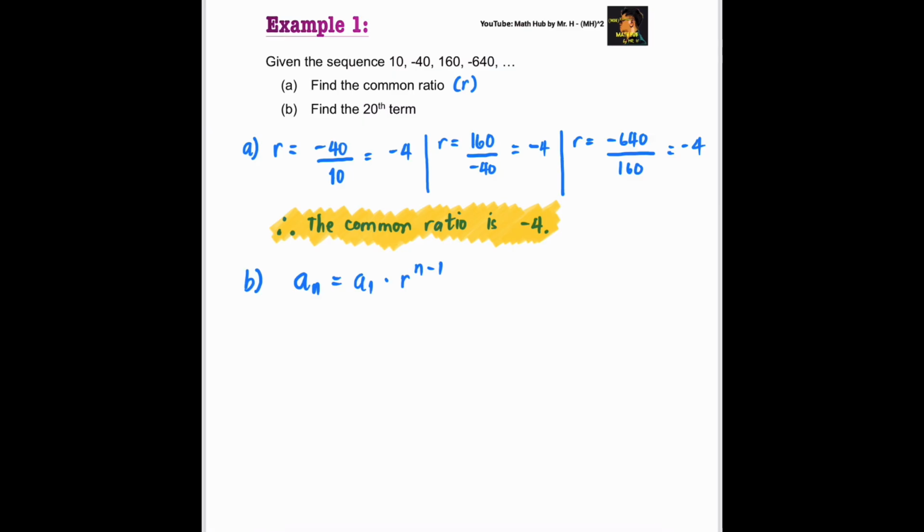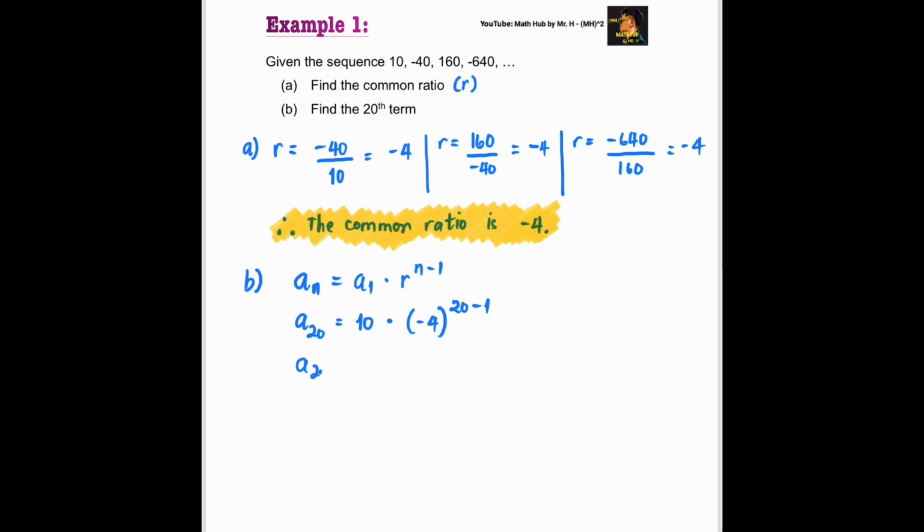All right. Since 1B is asking us to find the 20th term, so definitely our A sub n will be A sub 20. So we substitute the value of A sub 1, the first term of the given sequence, is 10 times R is -4 to the power of n is 20 because that's the term position that we're looking for, minus 1. And then we simplify the right hand side.